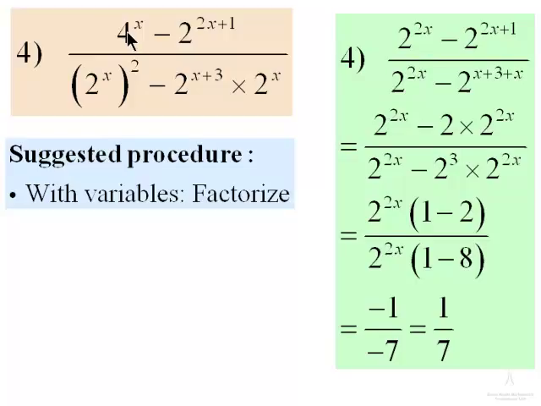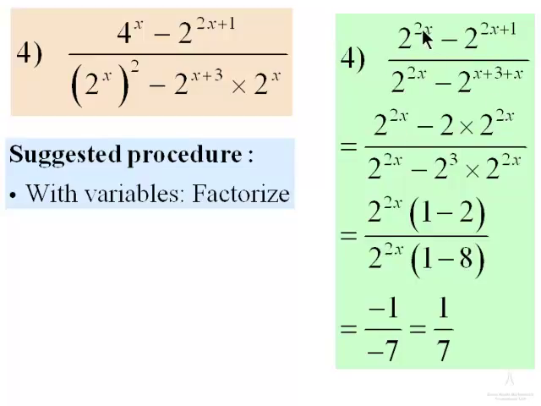So we write again each exponential form in terms of its prime base. So 4 being 2 to the power 2, 4 to the power x then becomes 2 to the power 2x. So it's pretty clear, because you can write 2 to the power 2x plus 1 as 2 to the power 2x multiplied by 2 to the power 1, or 2 times 2 to the power 2x.